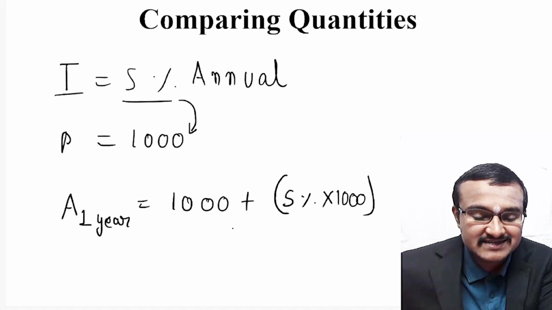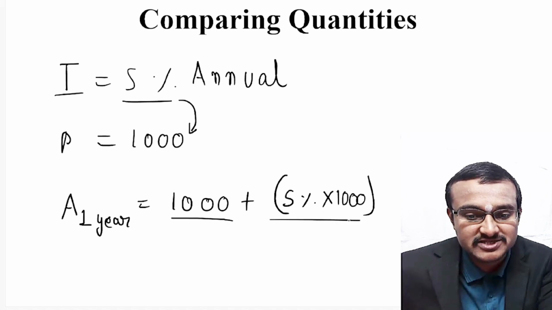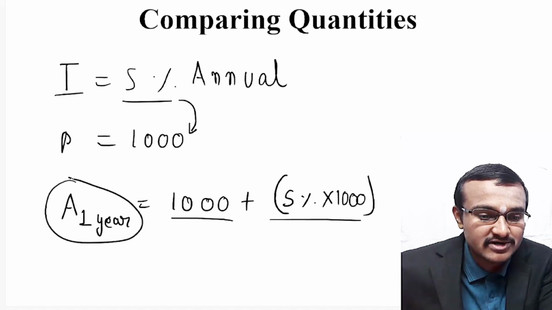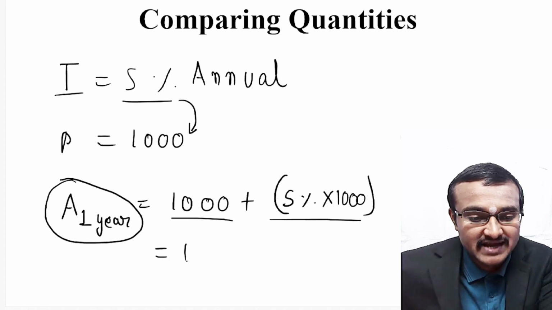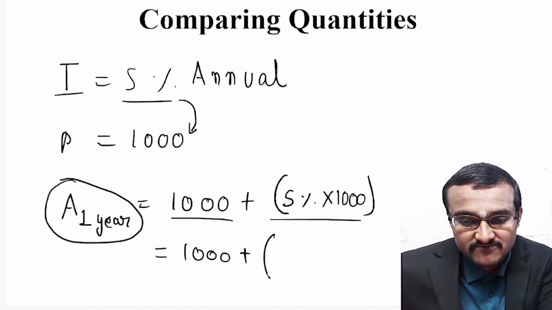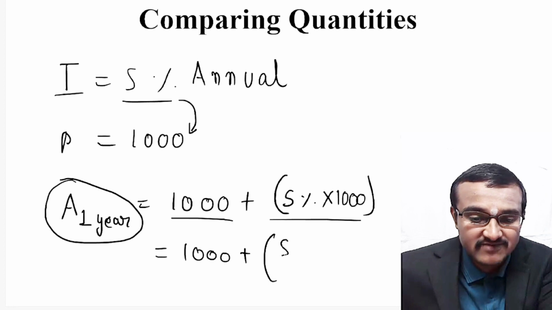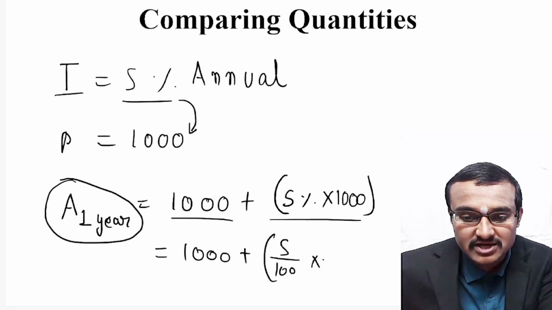That means 1000 plus 5% of 1000, which is 5 by 100 into 1000.